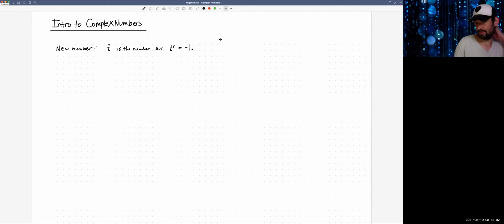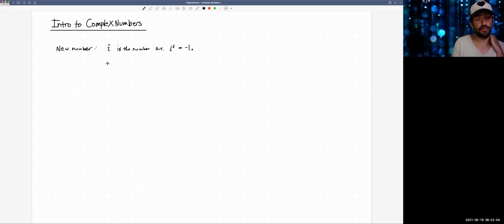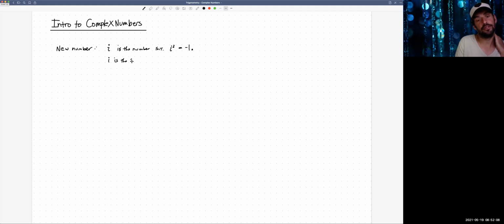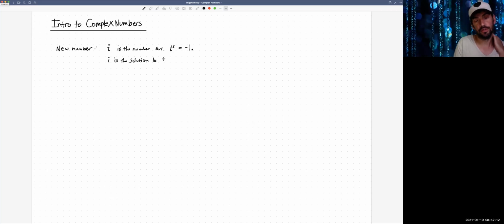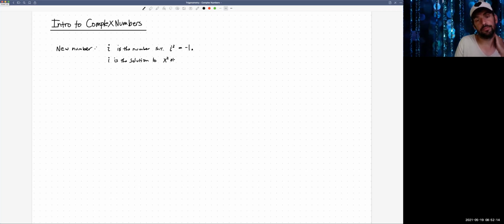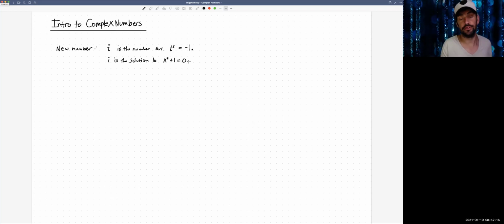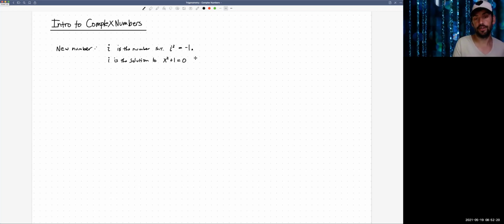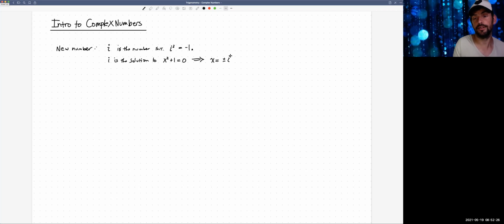Another way to say that maybe is that i is the solution to the equation x squared plus 1 equals 0, or more correctly, if we solve this, we would say then x equals plus or minus i.